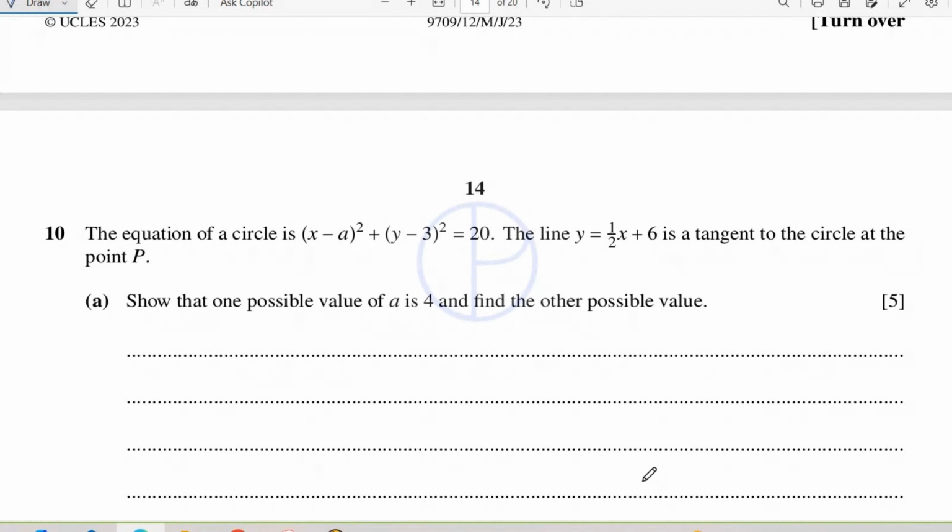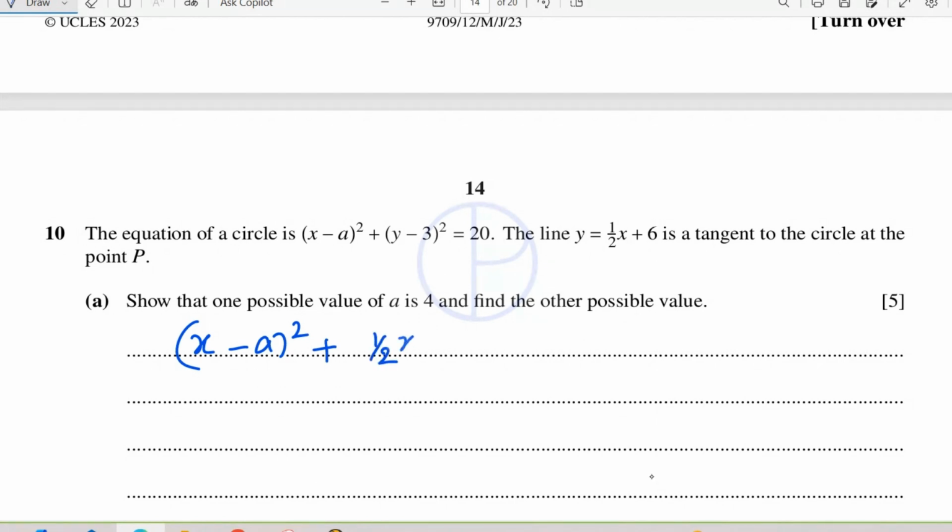So equation of a circle is given and the equation of the line which is a tangent to the circle is given. So the line is a tangent, so it will touch the circle at one point. So at that point the circle and the line will have the same coordinates. So we can write x minus a the whole square plus, for y, let's substitute the equation of the line.